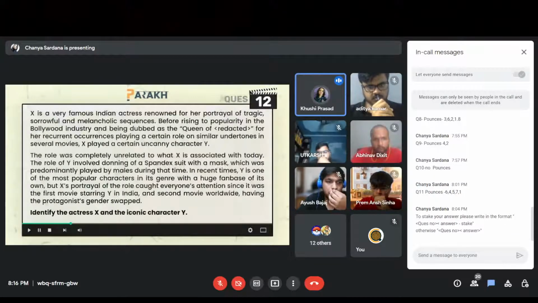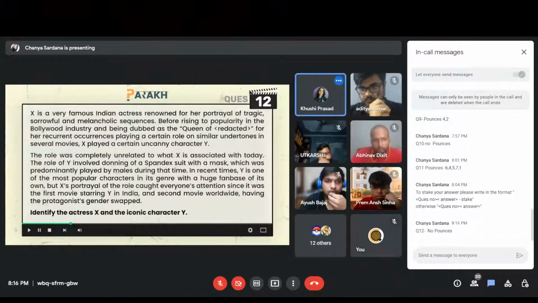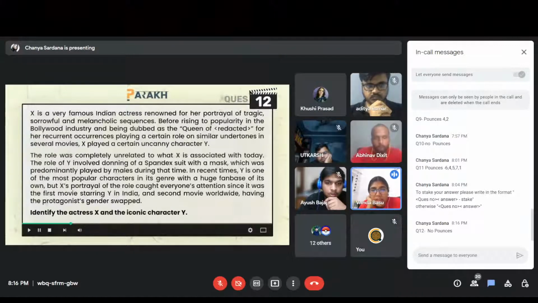Window closed now. So team 2, this is your direct question, your answer. Team 4, your pounce will not be considered. Team 2, your answer. We are guessing X as Madhubala and Y as superhero movies.